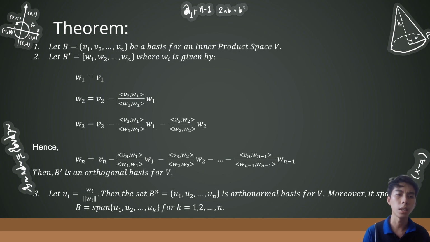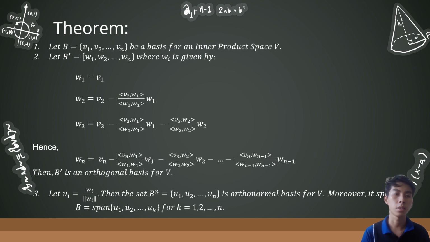As you can see, the second term is very familiar, because B prime is being used to test if the accumulated new vectors form an orthogonal basis for V. This means that the second term is the equation for the orthogonal projection of v sub 2 onto w sub 1. So that is how to get w sub 2.